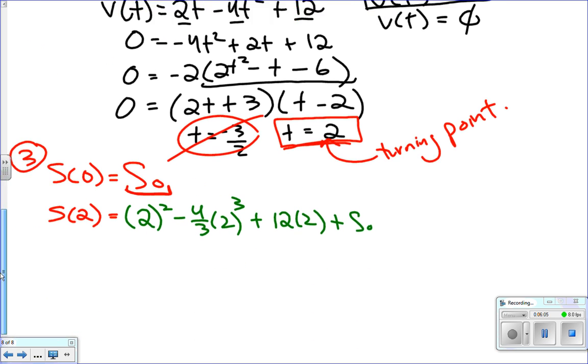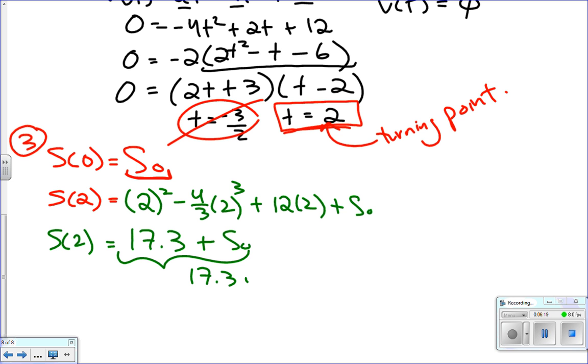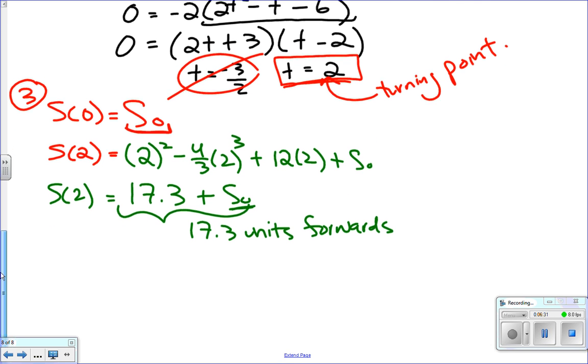Okay, so watch what happens here. If I evaluate all of this, and if I write it as a decimal here, I'm going to get 17.3 plus s naught. So what this means is it's 17.3 units forwards, okay? So it's plus s naught, so it's going to be to the right or forward, okay?